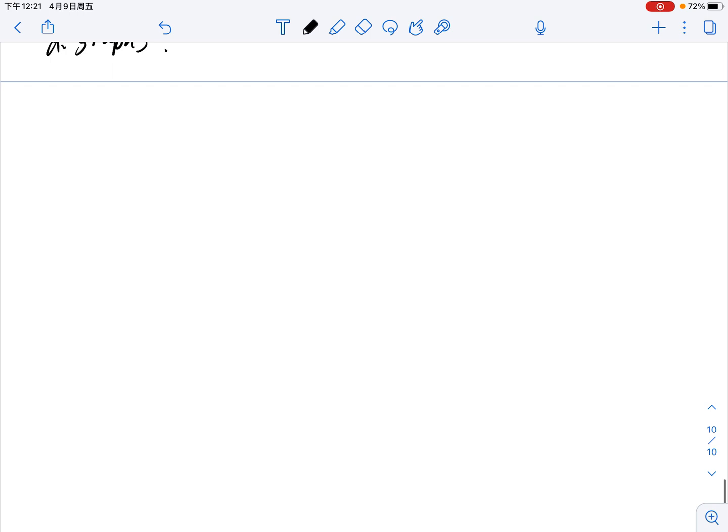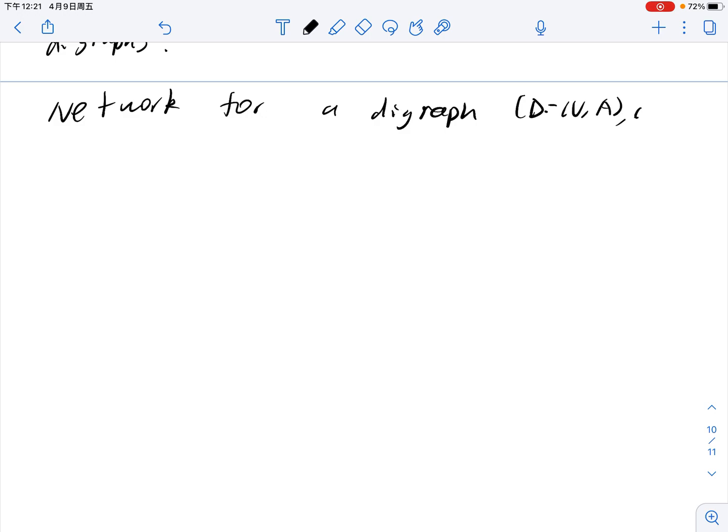Now we can introduce the network for a digraph. So we still have a weight function, and in the textbook, we use a special form of the network for a digraph. That means we specify a vertex as a source and a vertex as a target.